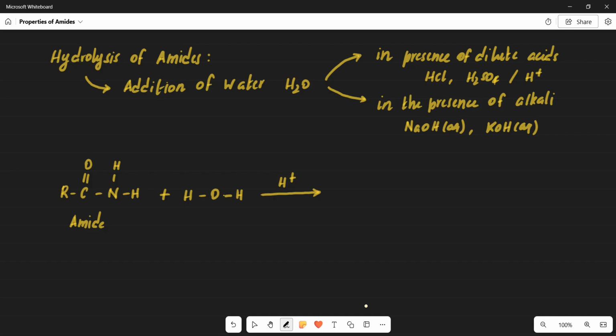How is the bond going to be broken? The bond is going to be broken at this amide link, that is C double bond O NH. This is the bond breaking.